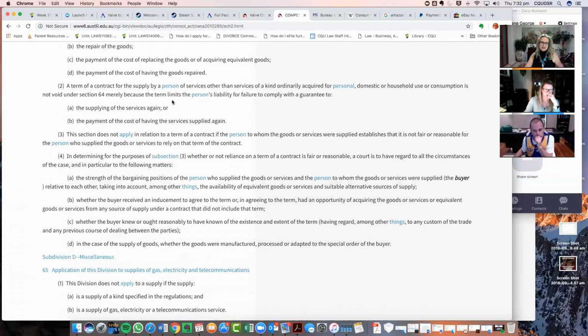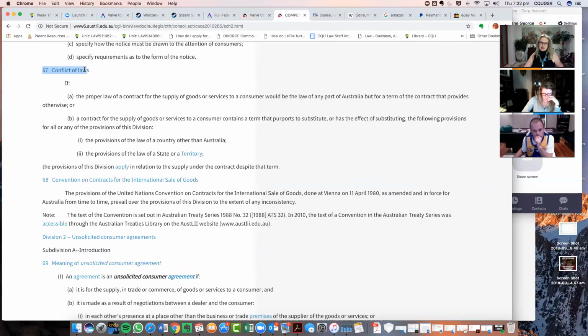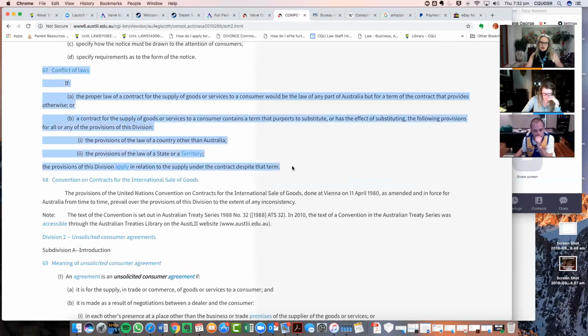The other one in terms of international provisions is the conflict of laws section. And this is the one where, if you have a contract, if you've read the chapter, you will know that there are tests called the Bonython tests for working out what jurisdiction should apply to a contract.